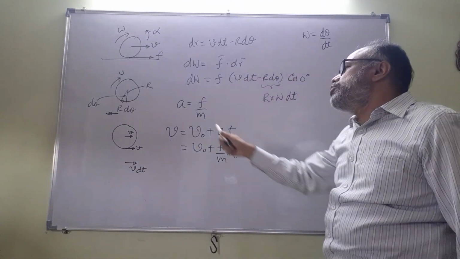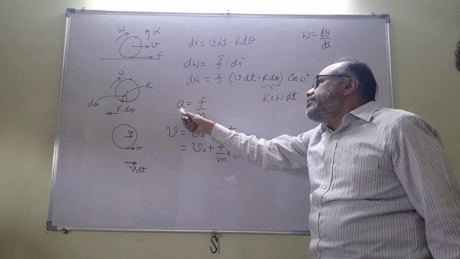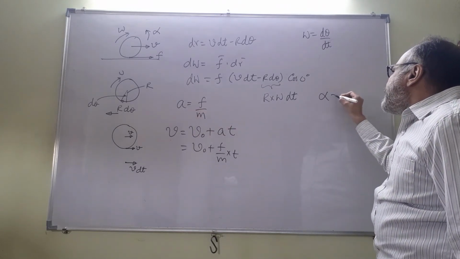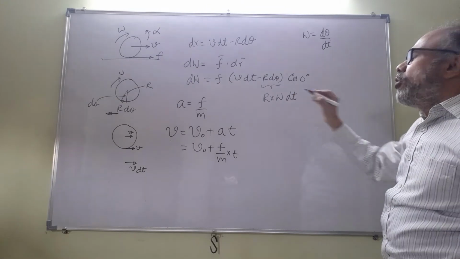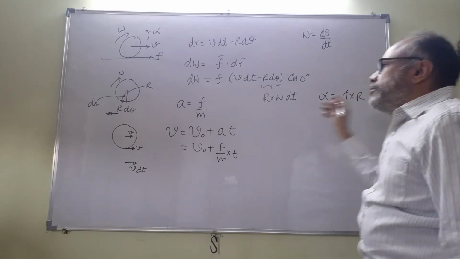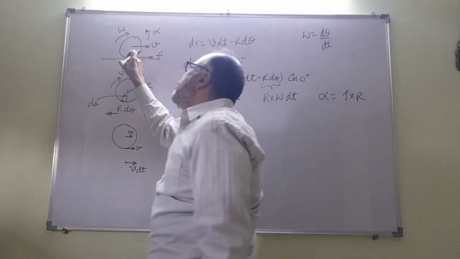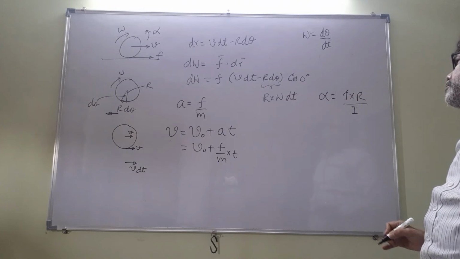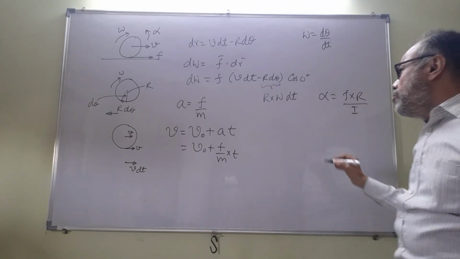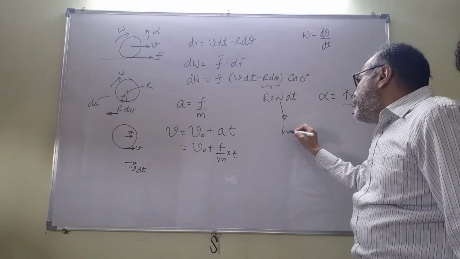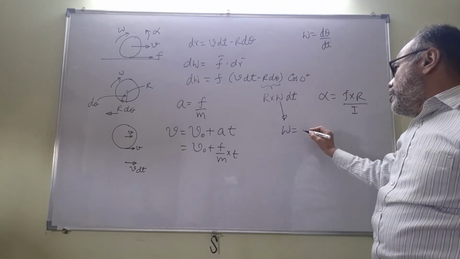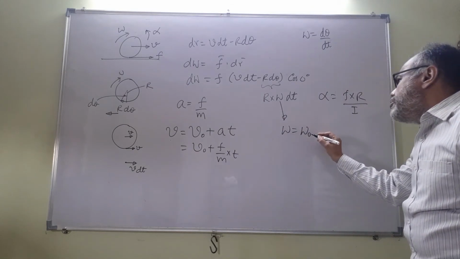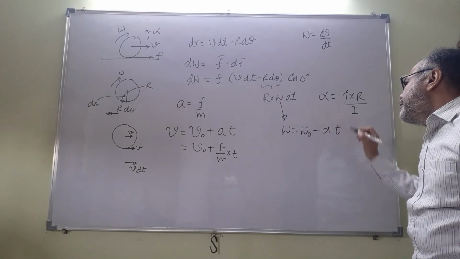Just as for force, we wrote acceleration is equal to net force by mass, the angular acceleration will be net torque divided by the moment of inertia. The torque of F about the center of mass will be F into R, so alpha is F R divided by I. So I can now write omega, if the initial angular velocity was omega naught, as omega equals omega naught minus alpha t.